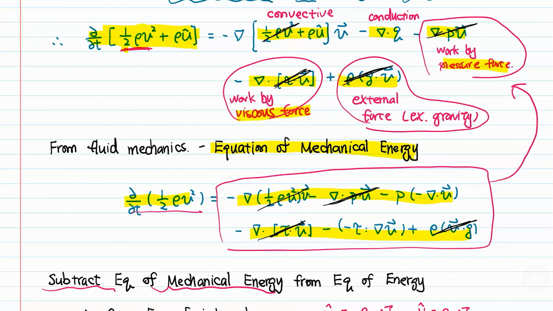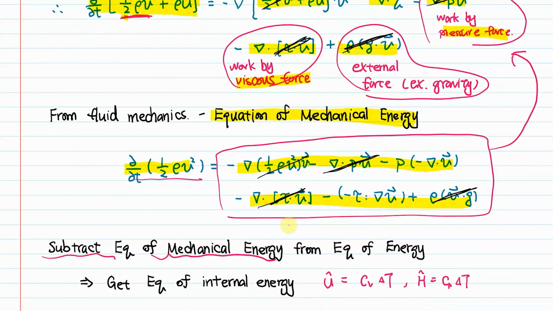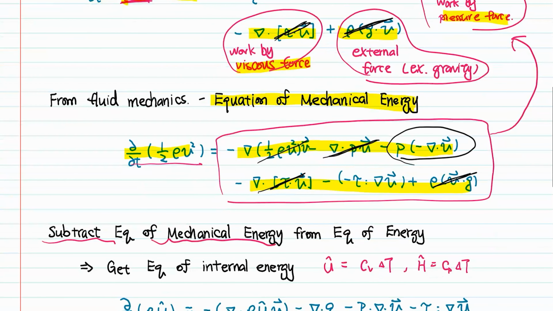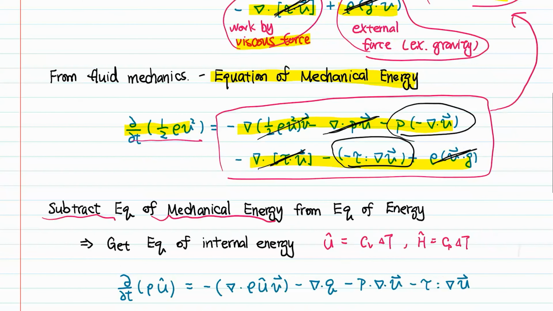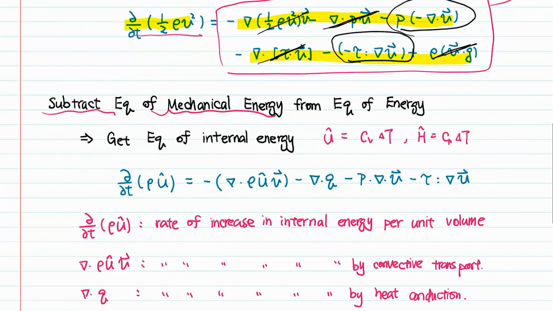But we've introduced 2 new terms, right? So the 2 new terms are here. What we call the reversible rate of internal energy increase per unit volume by compression, and the irreversible increase by viscous dissipation. So we get to our equation of internal energy right down here.